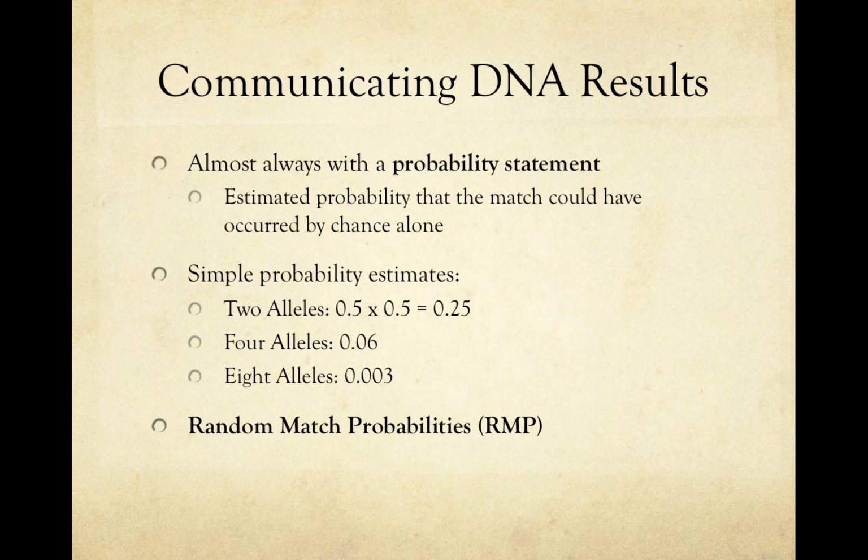This is presented when the case is tried, and it can be pretty convincing to the jury, you can imagine, this 1 in 12 billion statement. So DNA is probably some of our best forensic evidence, and it is well documented and well studied.